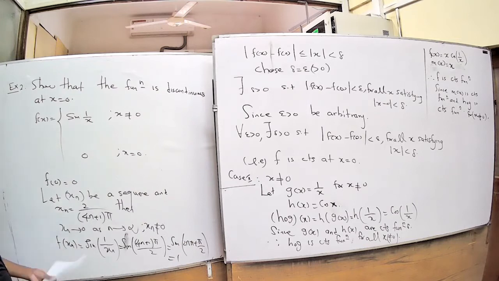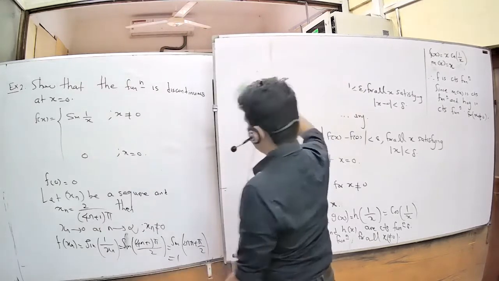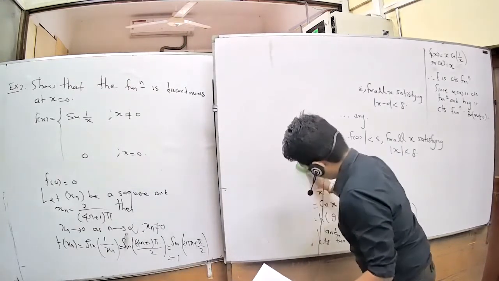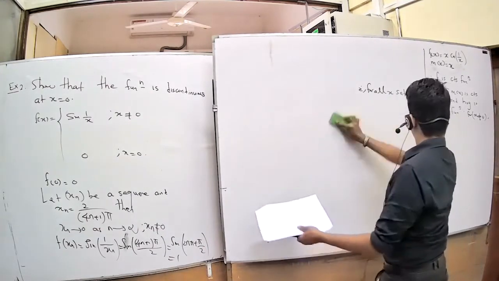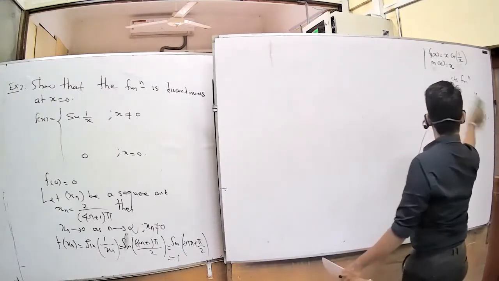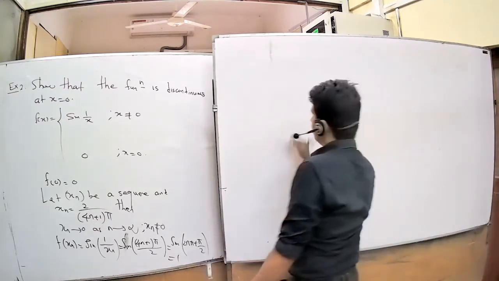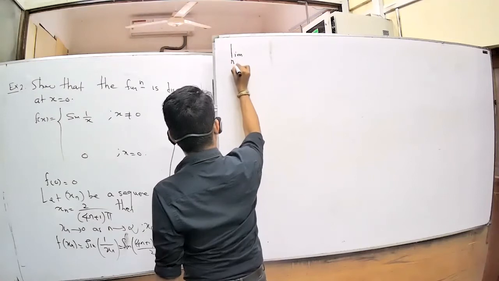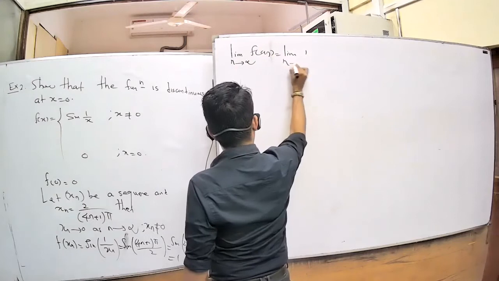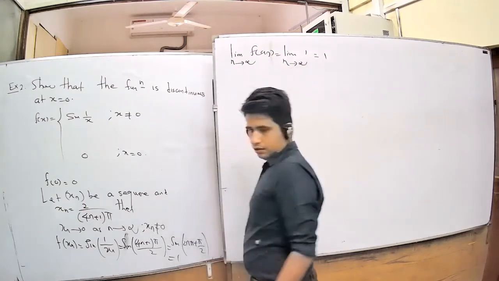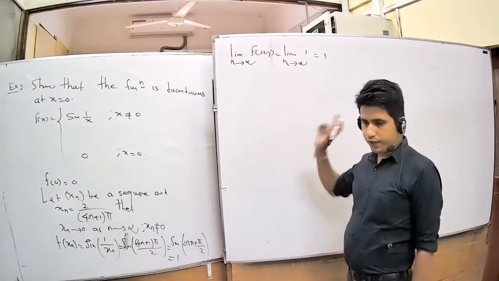Now you take the limit. Limit as n tends to infinity of f of Sn is 1. For continuity, we have the theorem: if f of Sn tends to f of a, it is continuous.